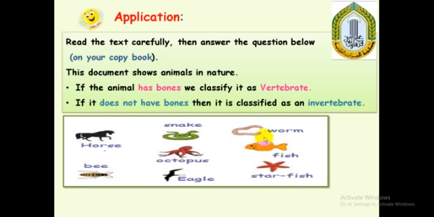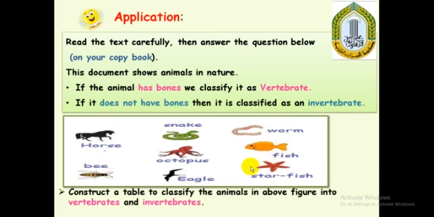Understand the document very carefully before starting to answer. Now, what is the question? We have to construct a table to classify the animals in the above figure into vertebrates and invertebrates. Do you understand now? So, remind me, what should we do now?